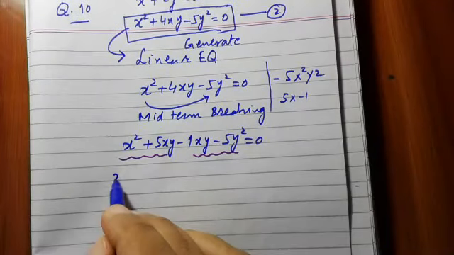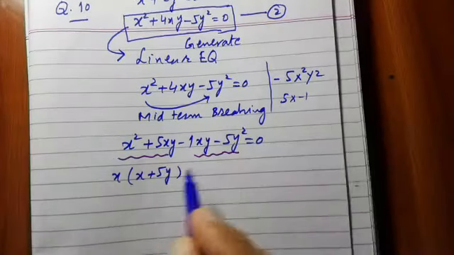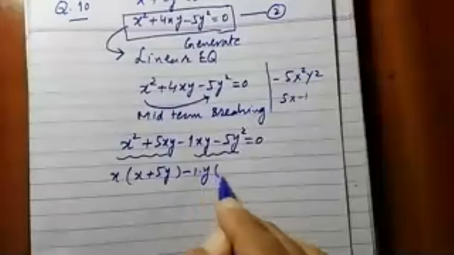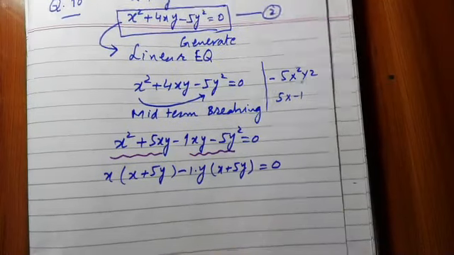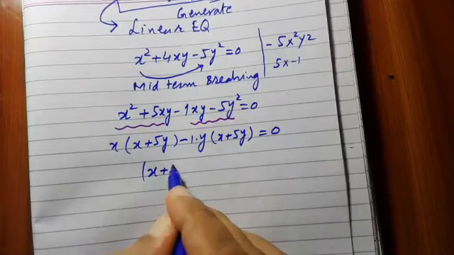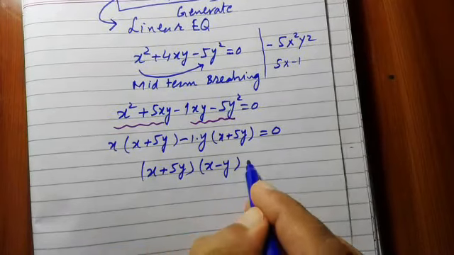So you will see that x is common. So it will become x plus 5y. If we take -1y common, it will become x plus 5y. That is equal to 0. x plus 5y, x minus y equals 0.